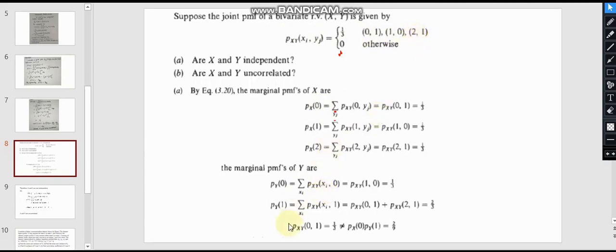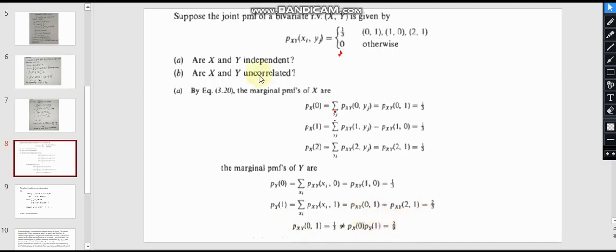Their joint probabilities are 1/3 each, so we add these terms together. So the marginal PMF of Y when Y is equal to 1 is 2/3.